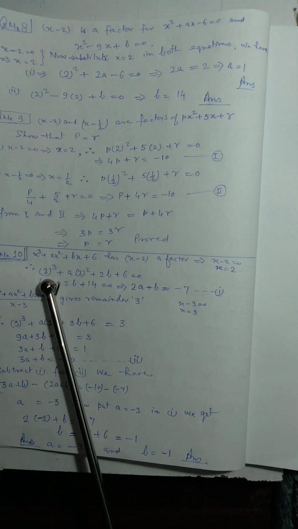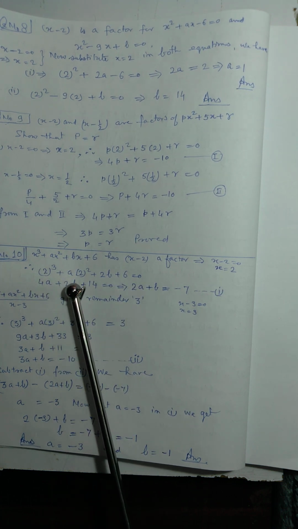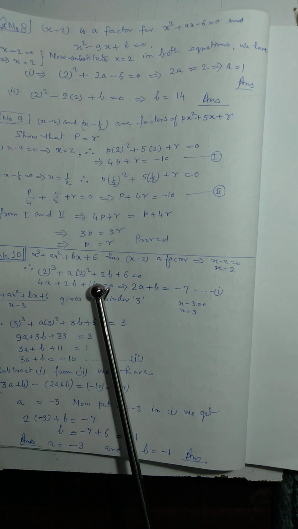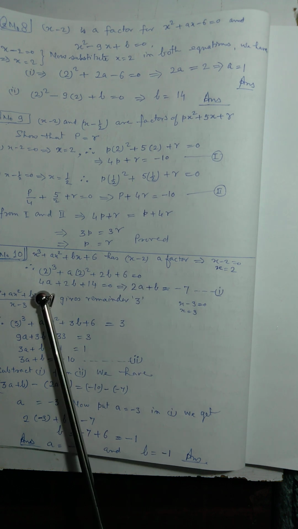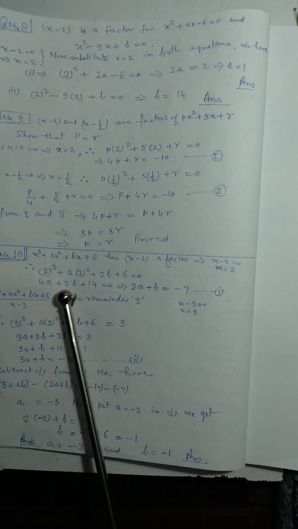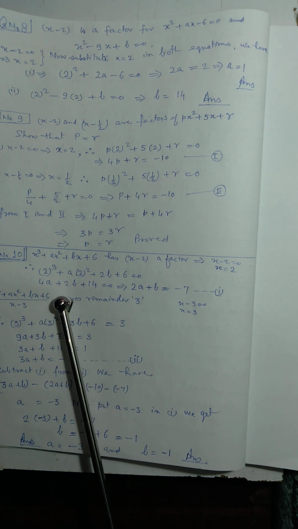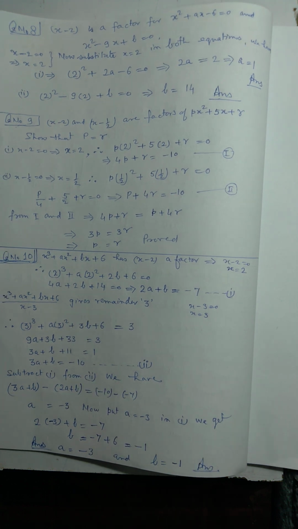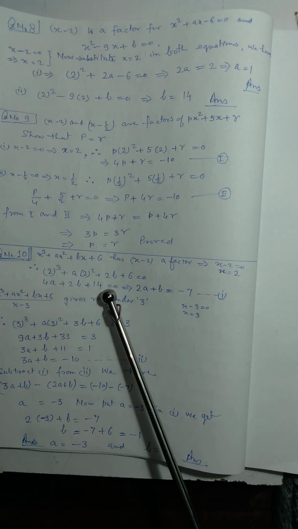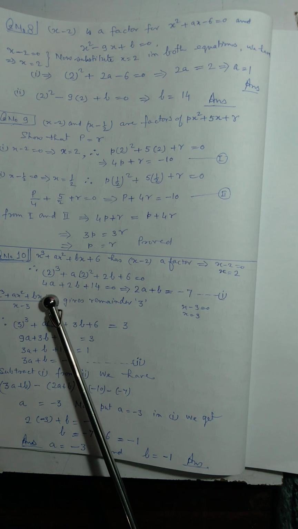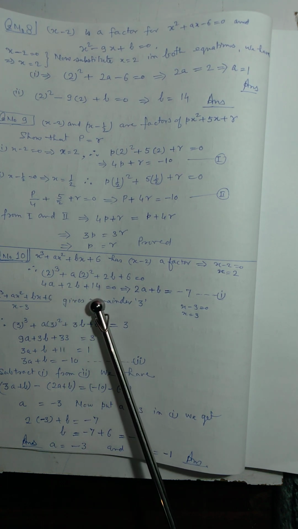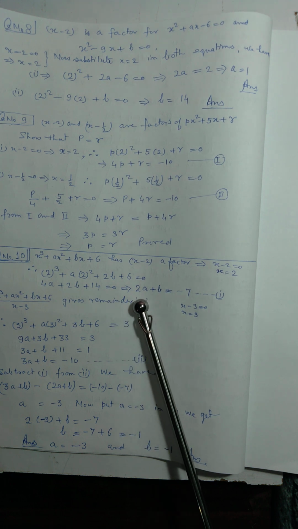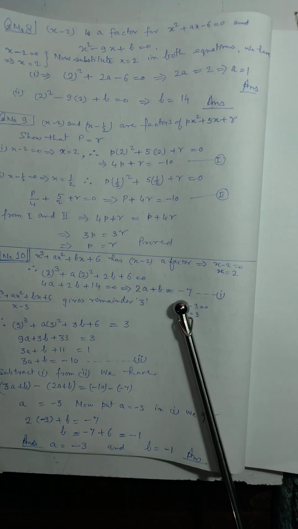So 2 raised to power 3 plus a into 2 raised to power 2 plus 2b plus 6 equal to 0. Solve it. You will get 4a plus 2b plus 14 equal to 0. So solve it, you will get 2a plus b is equal to minus 7.